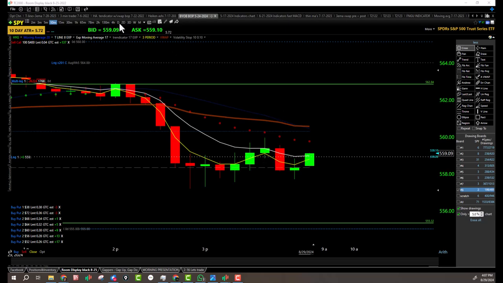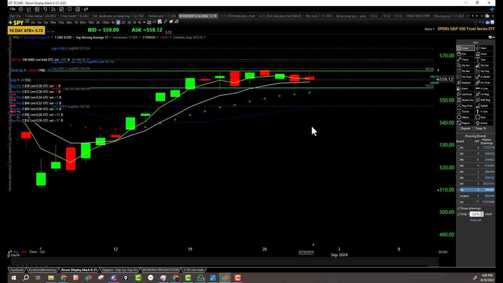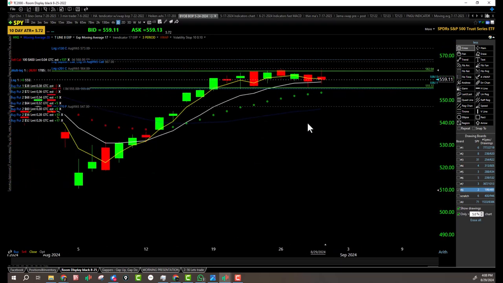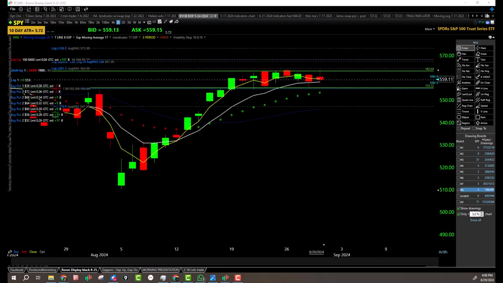Daily, let's go look at the daily candle. Daily candle, still in an uptrend. We are moving up, and we're holding the higher ground. That's exactly what I like to see. You move up, and then we hold the higher ground right up here.